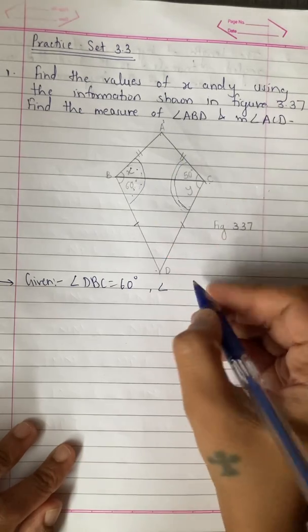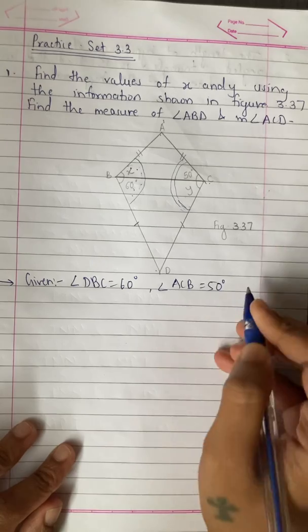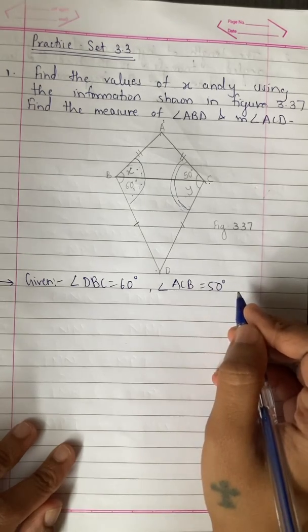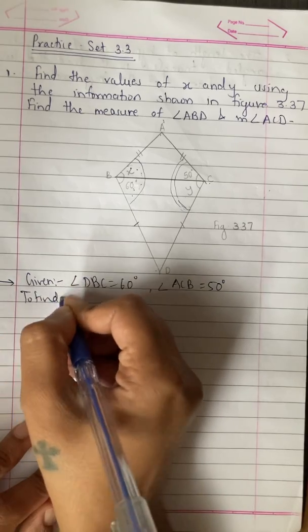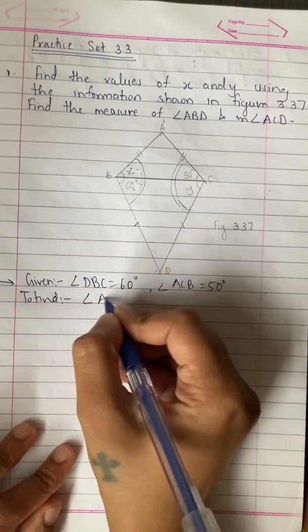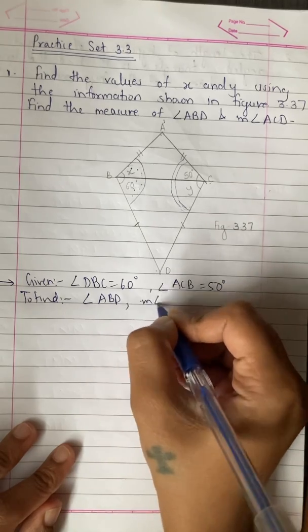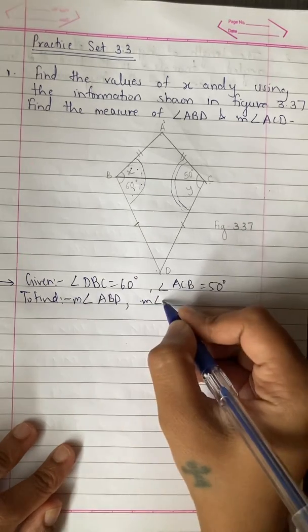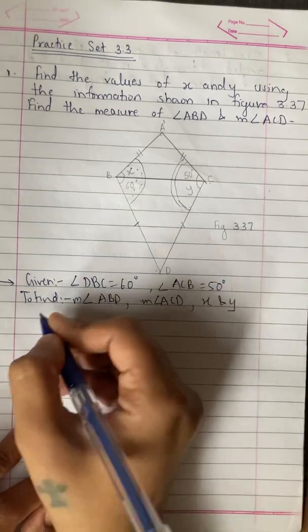Angle ACB is equal to 50 degree. These are the things given in the figure. What do we have to find out? To find angle ABD, measure angle, don't forget to write the measure, ACD, x and y also we have to find out.